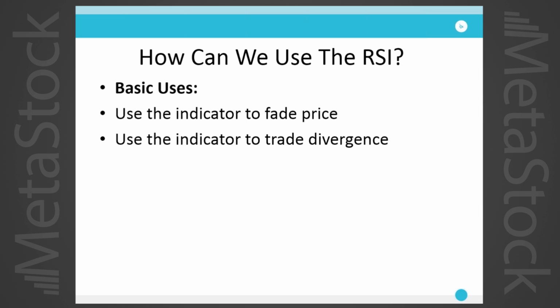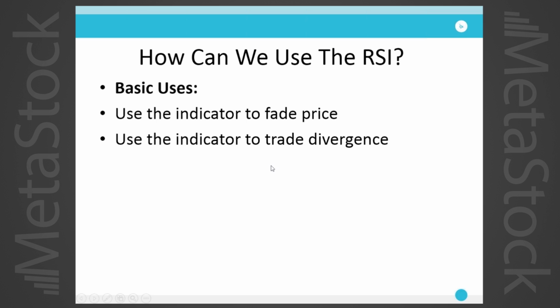When we're looking for divergence between RSI and price, we're being a bit more strategic and a bit smarter in how we use the indicator. So with divergence, we are looking for situations where the indicator readings don't support the moves that we're seeing in price, and so again suggests that a reversal is likely.